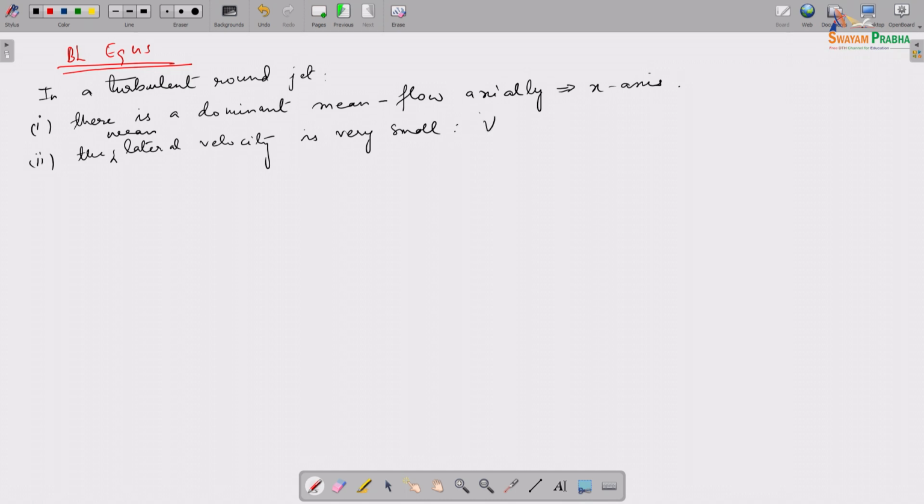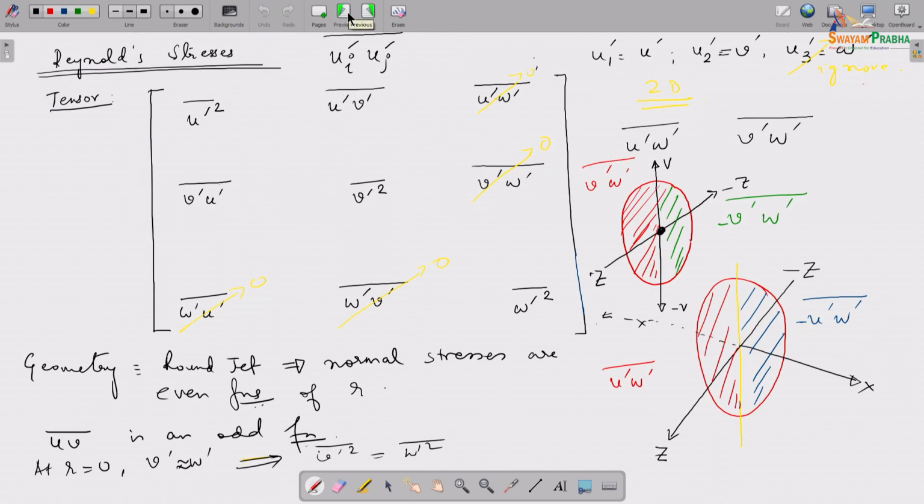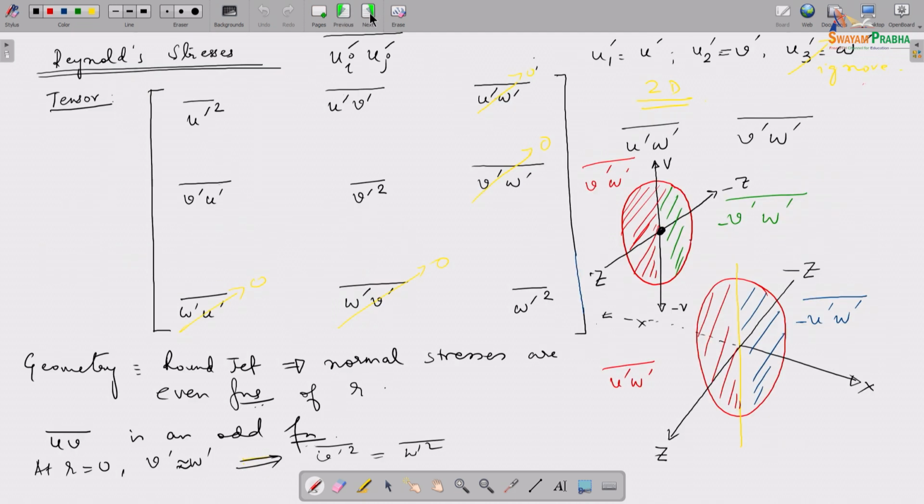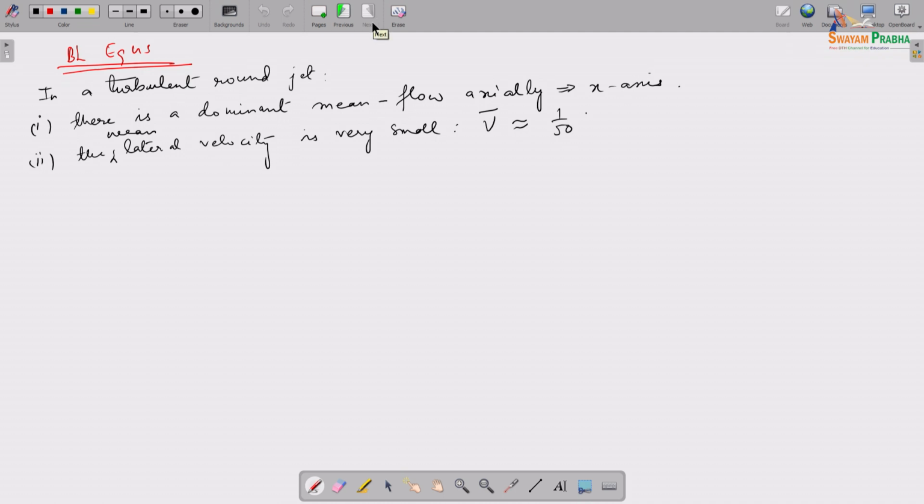We have written that down: it is about some fraction times the central line velocity. Let me go back and see what I said it was. Yes, the mean is about 1 by 50 of the central line velocity. It is very small.